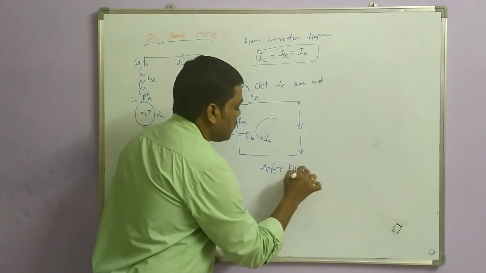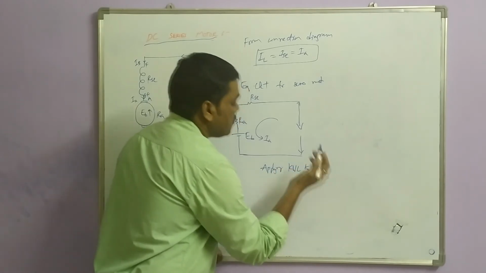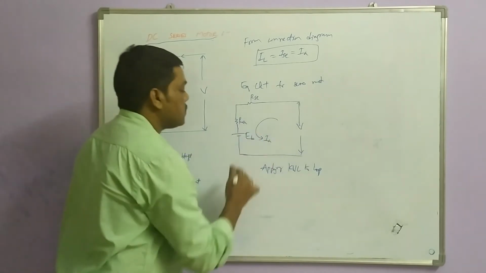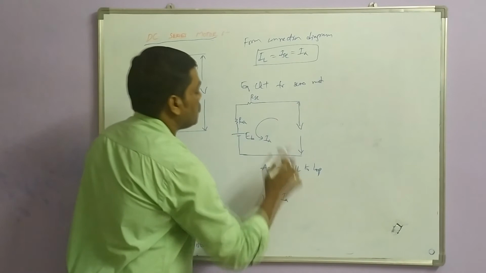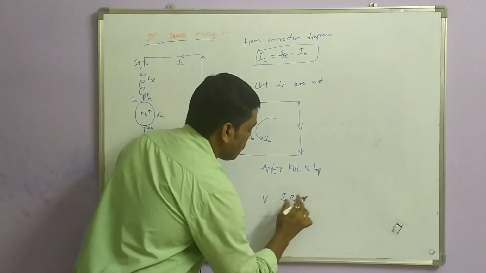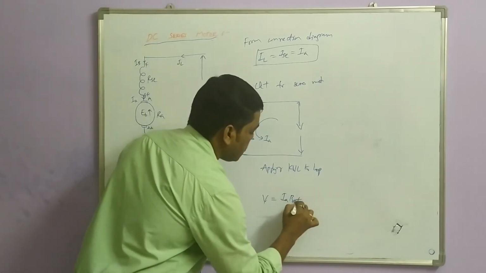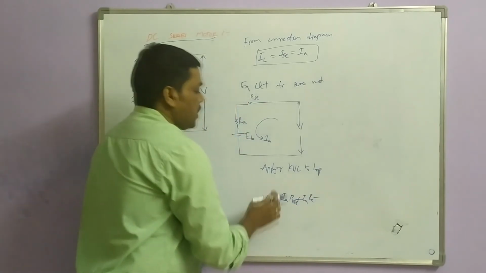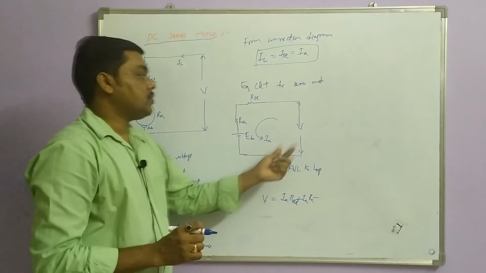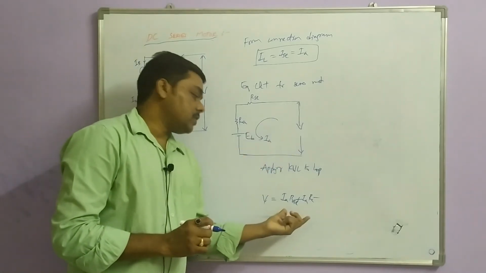Applying KVL to the loop, what will you get? V is equal to IA into RAC plus IA into RA. And what is the back EMF relation for this?